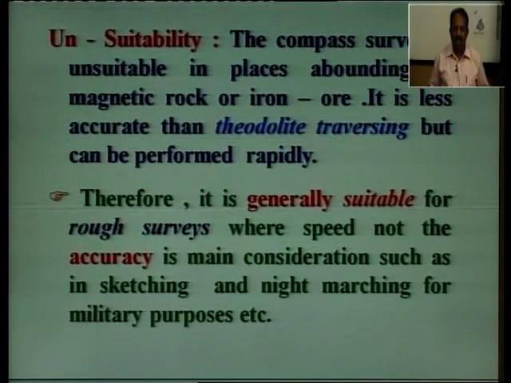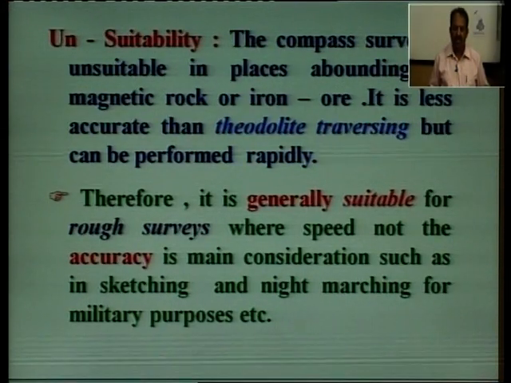It is less accurate than theodolite traversing, but can be performed rapidly. So, it has a very important advantage that we can do the survey very quickly.